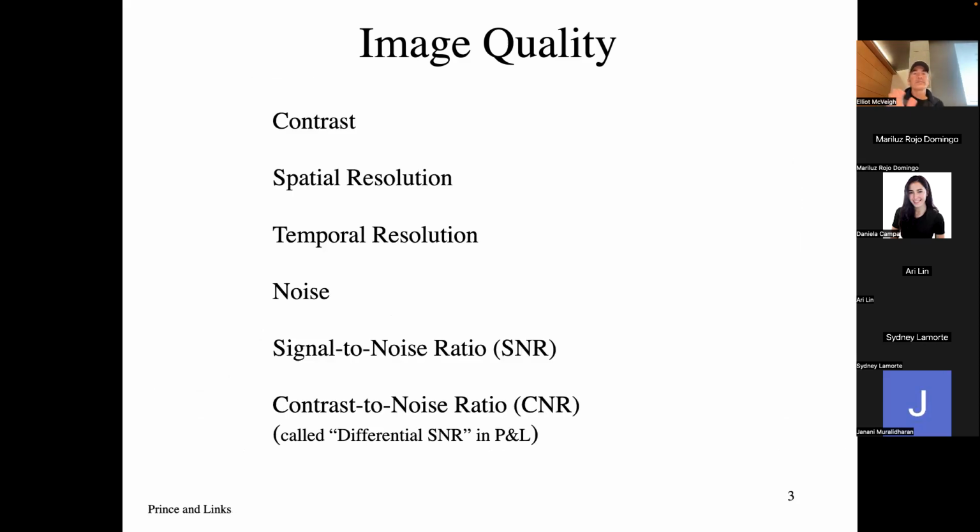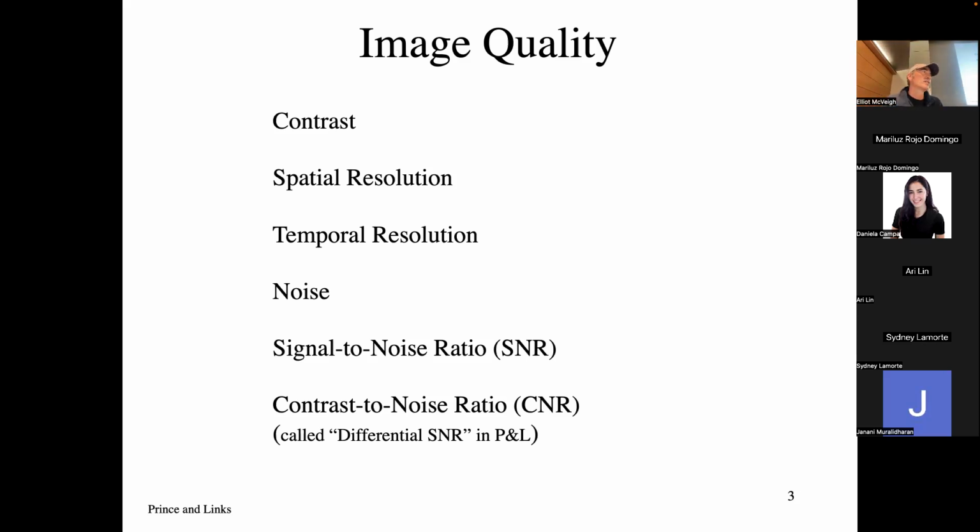So the concepts are in the book, in the chapters, discussed in technical detail there, and we'll look at the definition of all these things. If you have all of these in your pocket, and you're trying to evaluate whether or not your imaging system is performing well, you evaluate this stuff. So contrast, which is just, is there a signal difference between two different types of tissue?